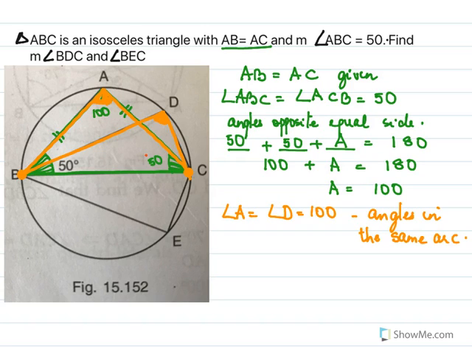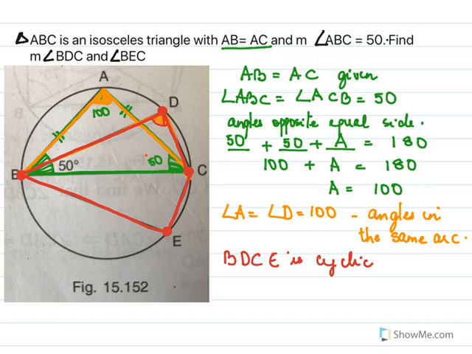Next we can spot again a cyclic quadrilateral. Look at B, D, C and E. They're all in the circle. So here we will have a cyclic quadrilateral. That is BDCE is cyclic.